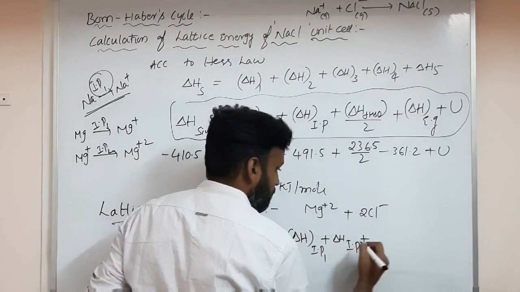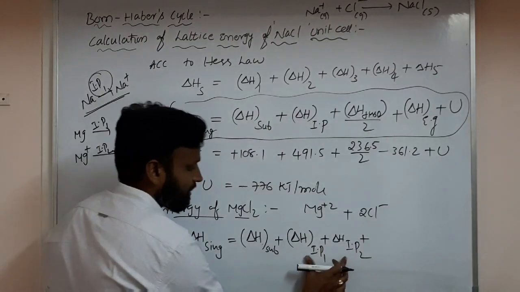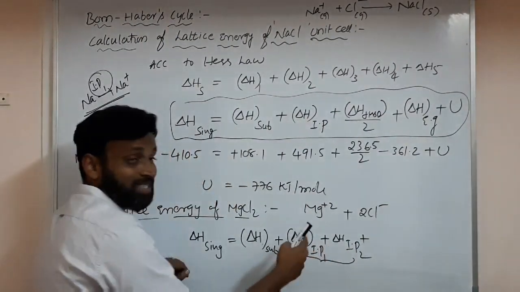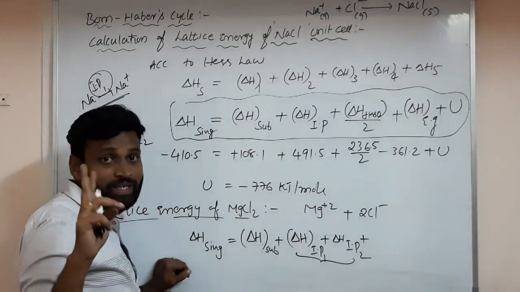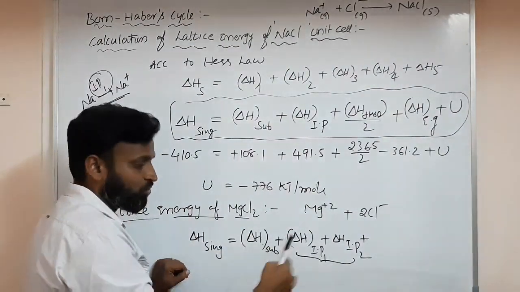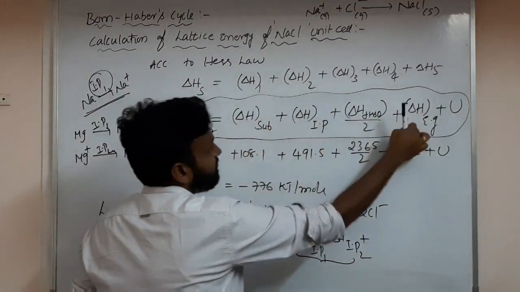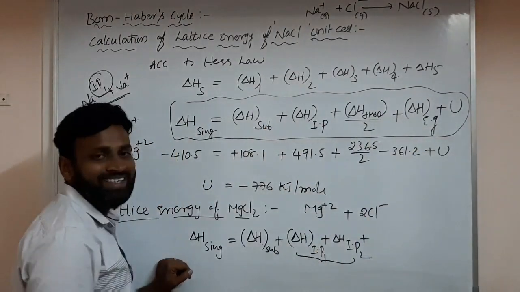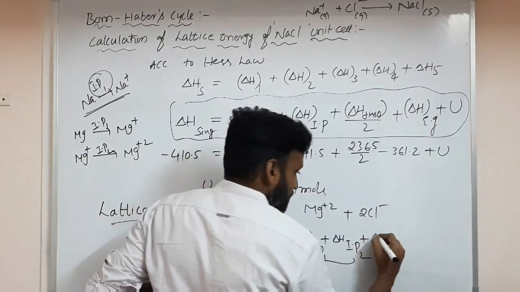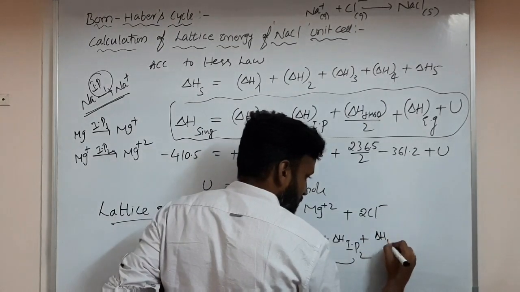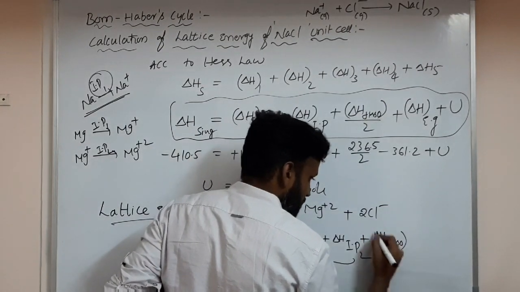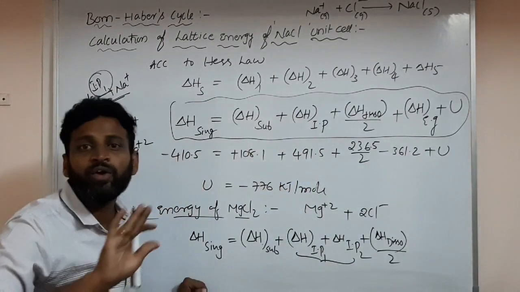Next, this is step 1 and these two are step 2, but step 2 we have to repeat, which means we have to do it 2 times. So for NaCl you have 5 steps, but here the steps increase. And here, delta H dissociation by 2, do we have to take it?